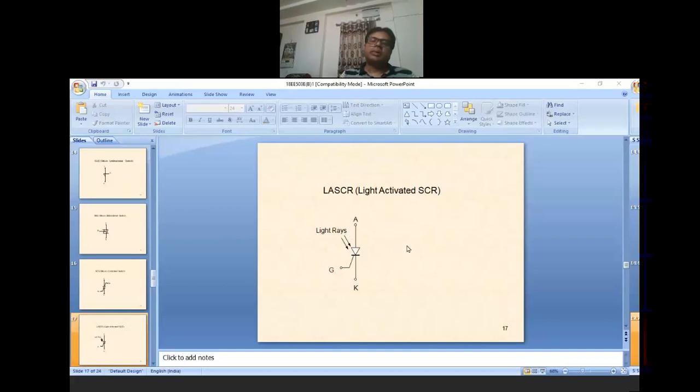That is, optically sensitive or light sensitive materials are used in construction of the light activated SCR, like chromium sulfide. And when light rays fall on this, voltage will be generated slowly. When the voltage builds up across it, it will conduct just in the similar fashion to the normal SCR.